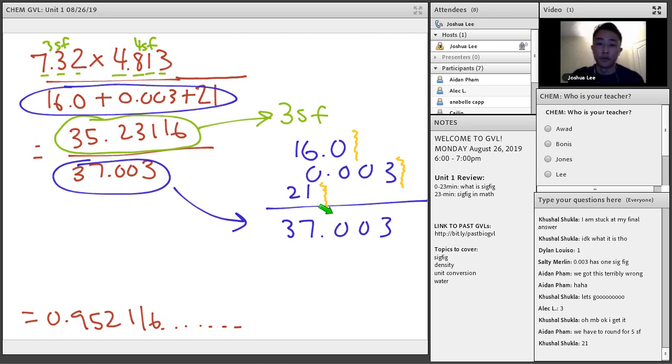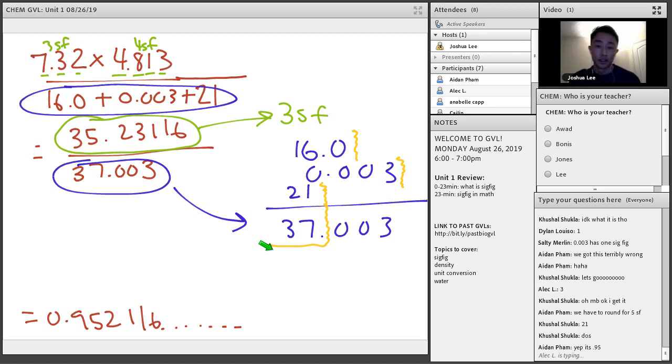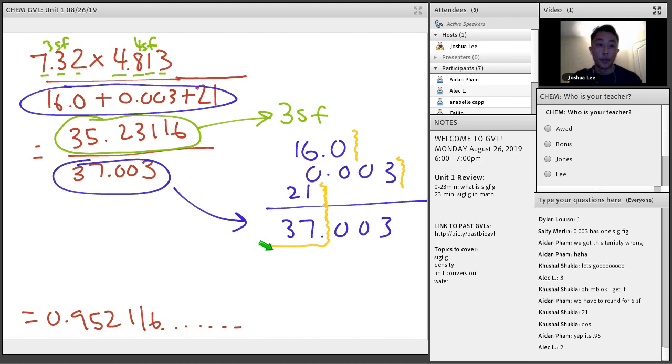That means I'll draw my line straight down from the 21, meaning my denominator is only going to have how many sig figs? 2 sig figs. Based on that, we got this 37 from just adding right here.